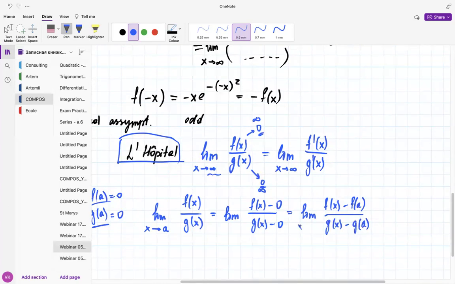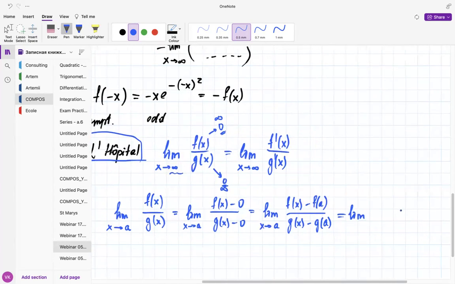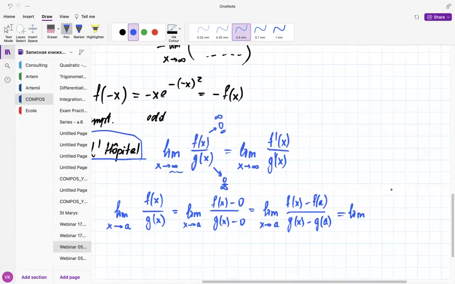Does anybody feel where I'm moving with that? How does it relate to the derivative? Any ideas? Yeah, we sort of try to come to the differentiation from first principles. And to do that, to make it more clear, let us divide both numerator and denominator by x minus a.